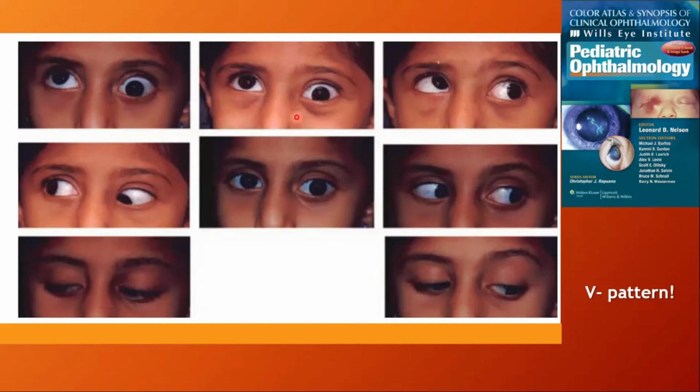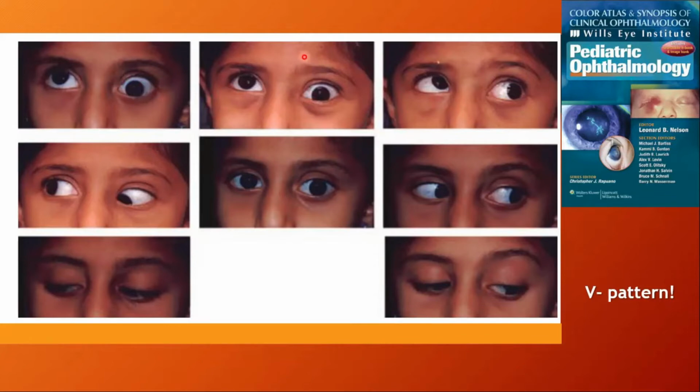Let's see the elevation. So here in dextroelevation, this eye elevates, but this eye shows restriction of elevation only. Although you know this is restrictive, because we already know this is Brown's, but say at this moment limitation of elevation in adduction. Don't say restriction, although it is restrictive in this case.